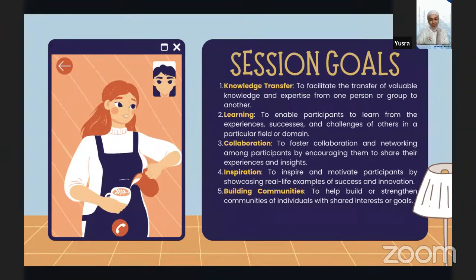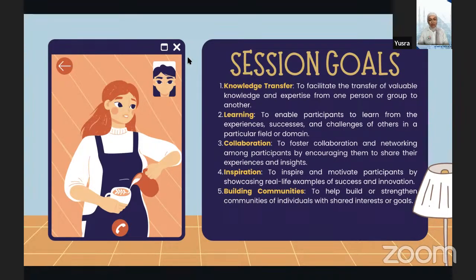Okay, session goals. First of all, knowledge transfer: the transfer of valuable knowledge and experience from one person in a group to another. Second, learning: to enable participants to learn from the experiences, successes, and challenges of others in a particular field or domain.